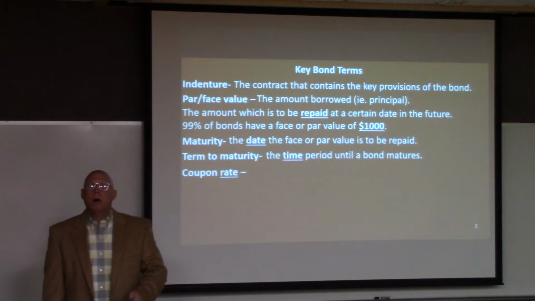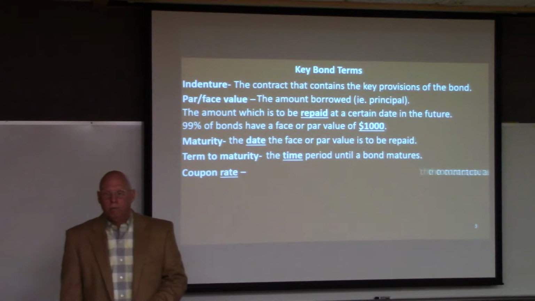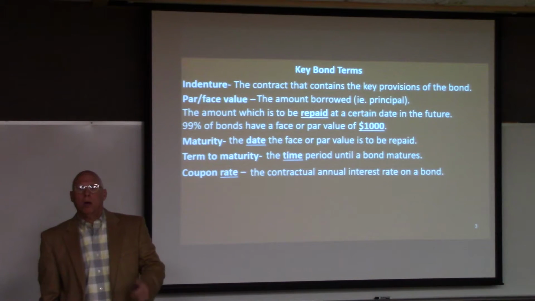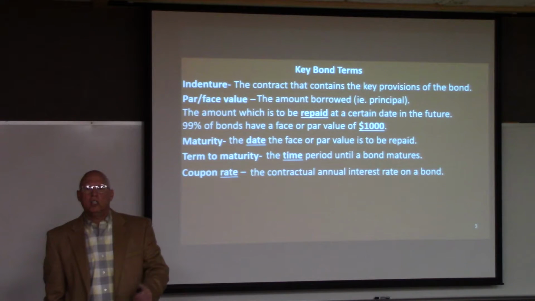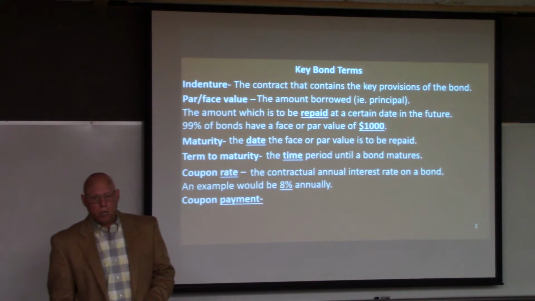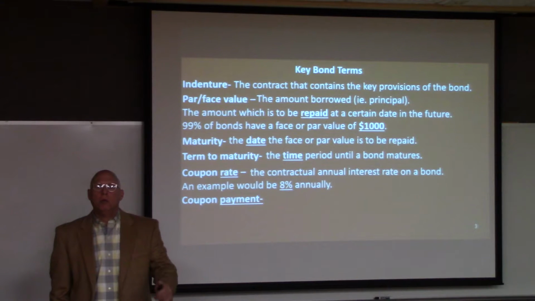All right, the coupon rate. It's really important for you to pay close attention to this. This is the contractual annual interest rate on a bond. It is the interest rate that is listed in the bond indenture. An example would be 8% annually. Okay, the coupon payment. How do you compute the coupon payment?